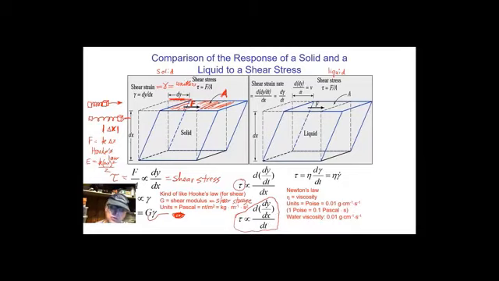Okay, and the constant of proportionality, instead of being called shear modulus, is called viscosity. That's what viscosity is. It's tau per gamma.